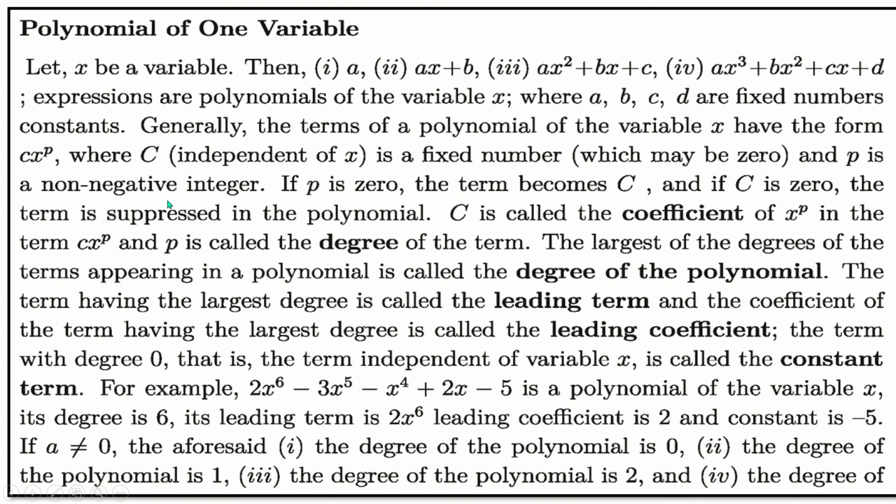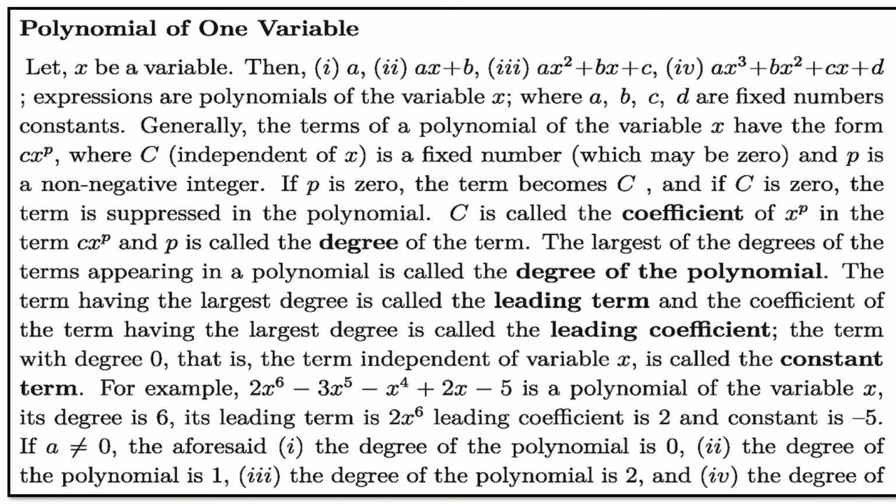That means p will be 0 or 1 or 2 or 3, not negative. So in a polynomial the power will always be a non-negative integer. If the power is negative, then it is not a polynomial.